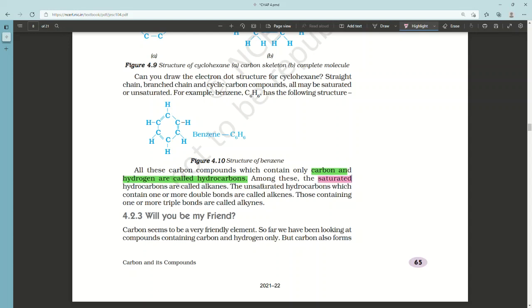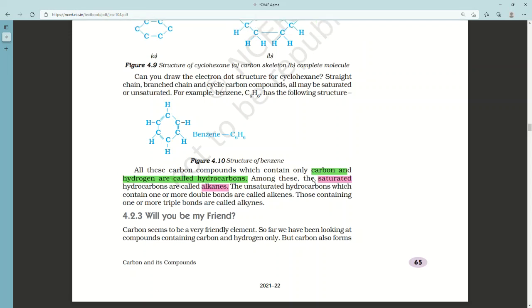These heteroatoms and the group containing them confer specific properties to the compound regardless of the length and nature of the carbon chain, and hence are called functional groups. Some important functional groups are given in table 4.3.